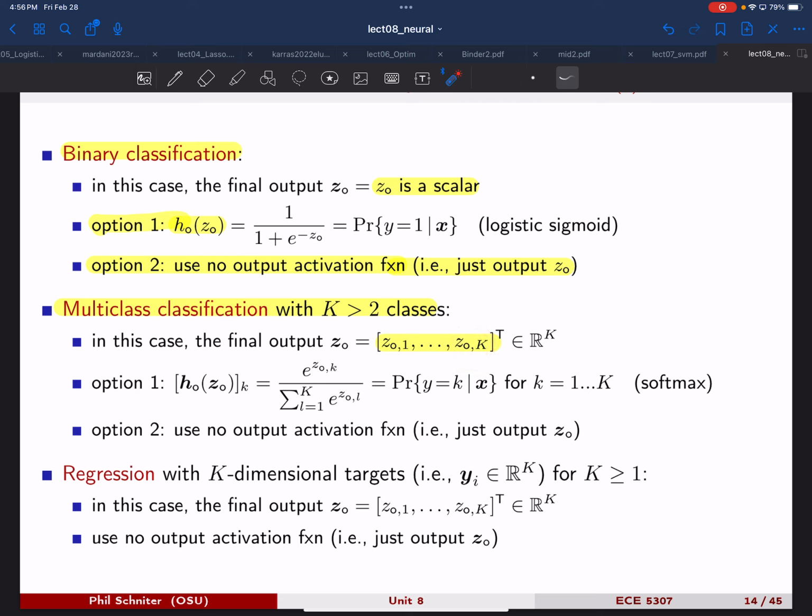We know that if we want to convert that to a probability mass function, a vector of probabilities that add up to 1 and tell us the probability of being in class 1, the probability of class 2, and so on, we can put those scores through a softmax. And so this would give us that vector of probabilities.